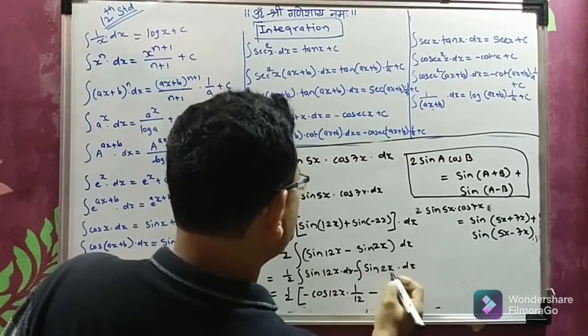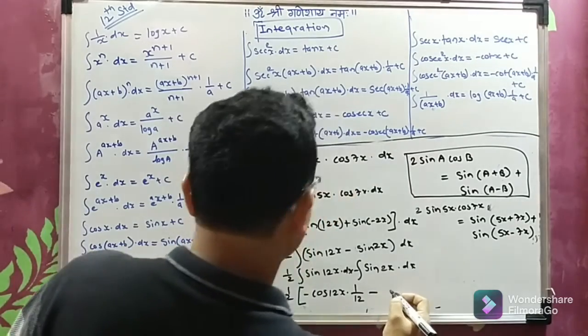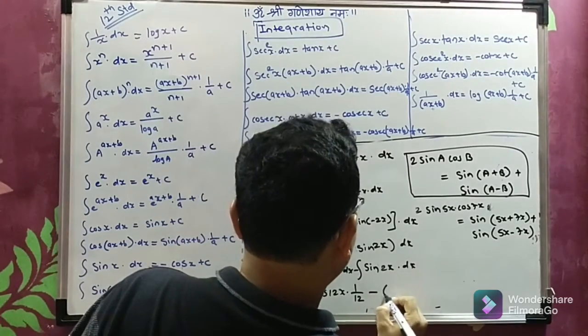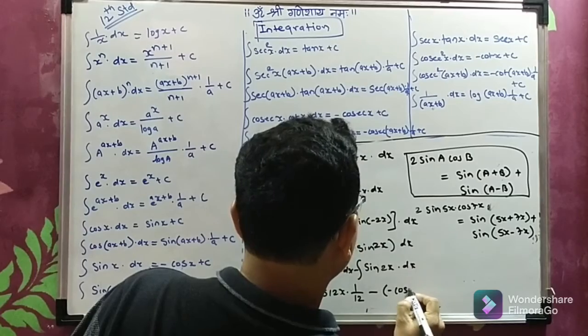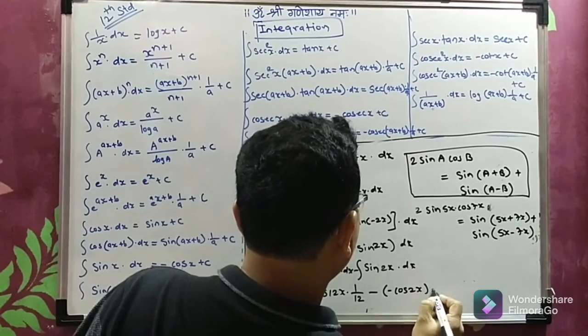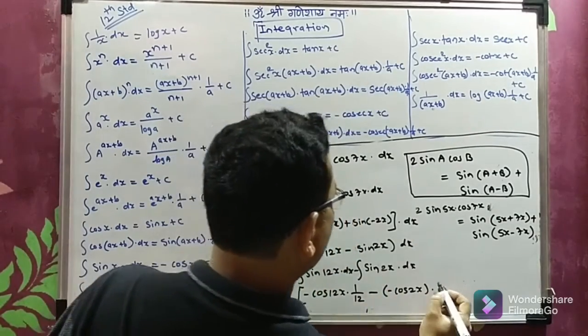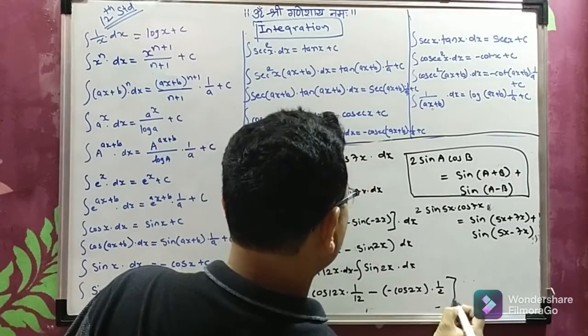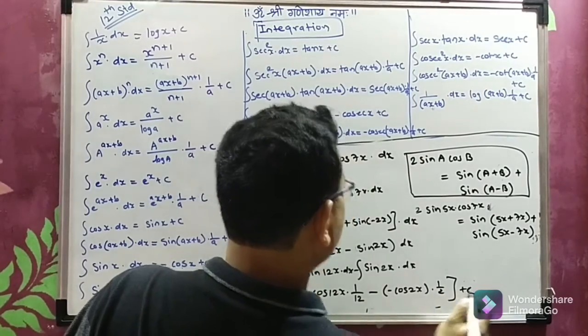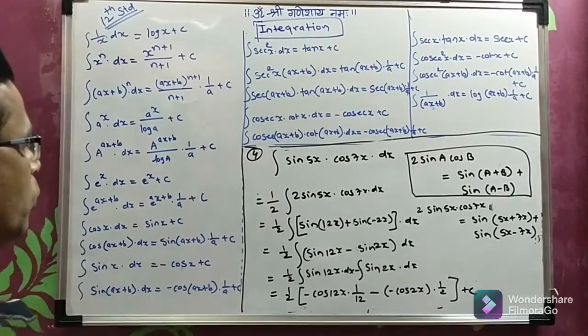Minus this sin 2x, the answer will come minus cos 2x into 1 by 2, because when you integrate this 2x, the answer will come 1 by 2.